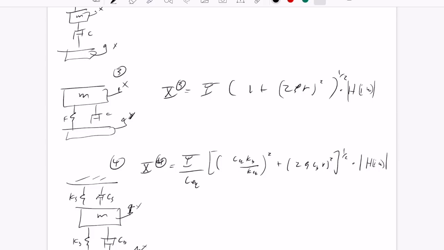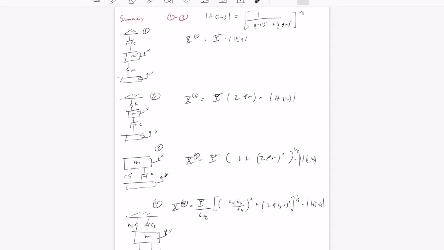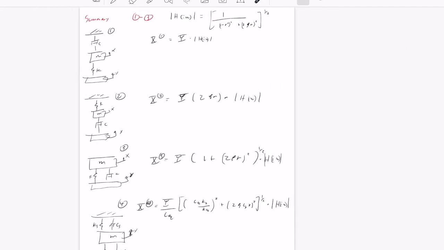So now we have this generic form, and that's going to be really useful. So let's go and create a more complicated system so we can see what that looks like.